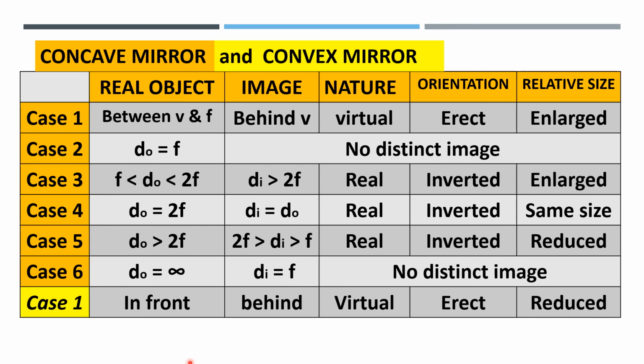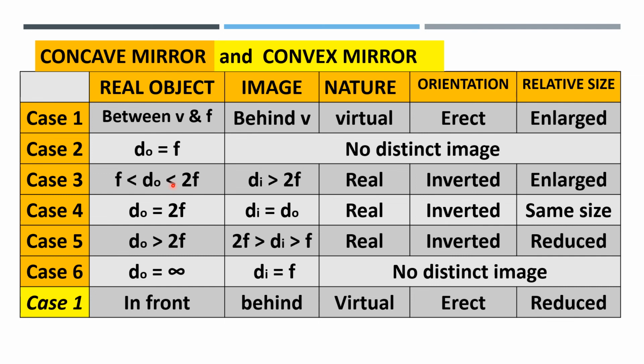They are summarized in this table. For example, what we did in example number 1 earlier was case number 3, in which case the object was placed at a point that is greater than the focal length but less than twice the focal length. So this was the situation that we described in example number 1 earlier.